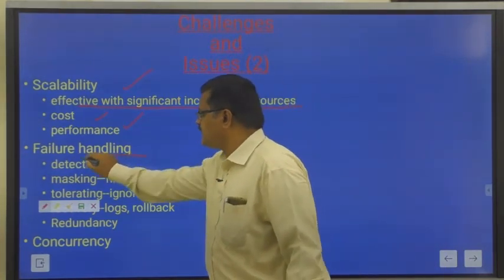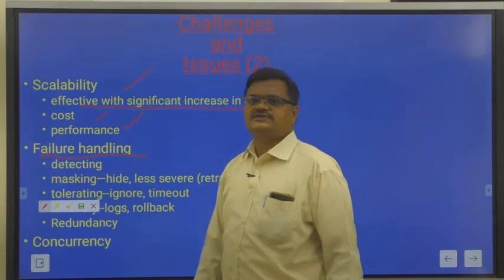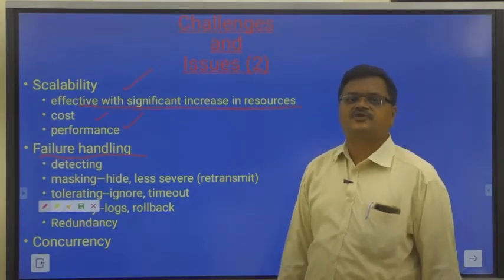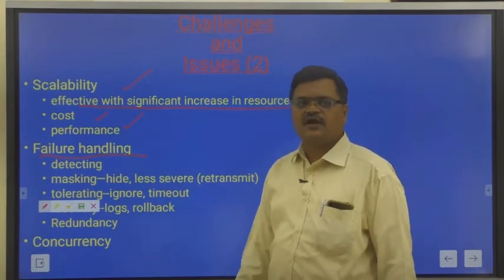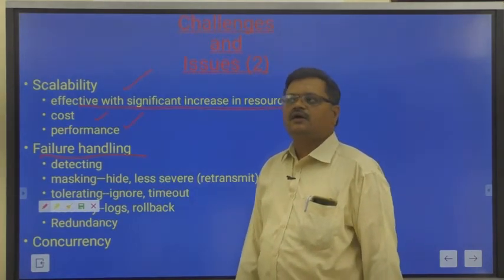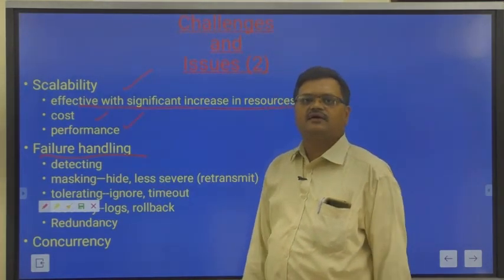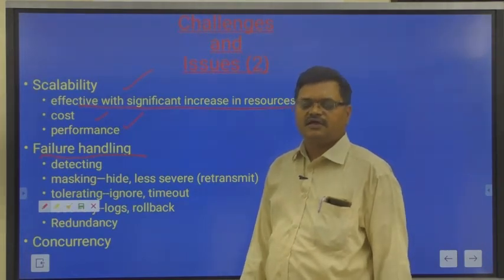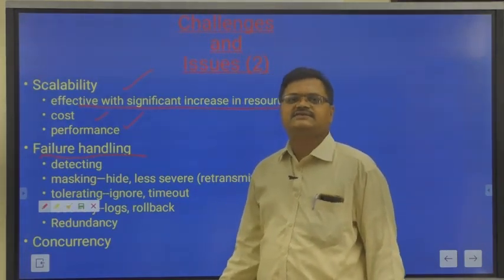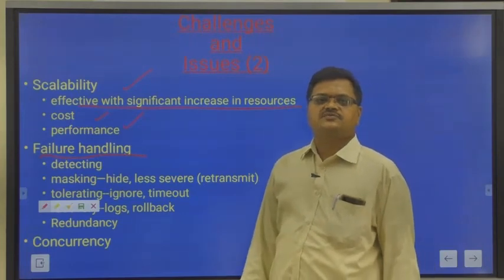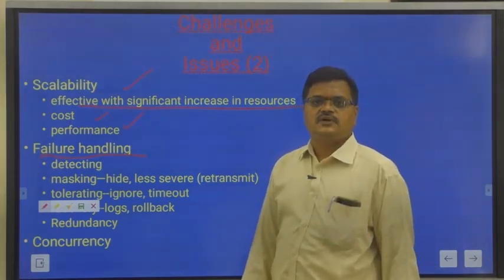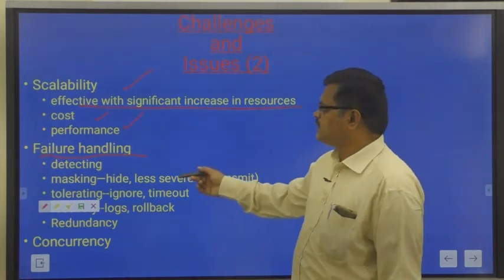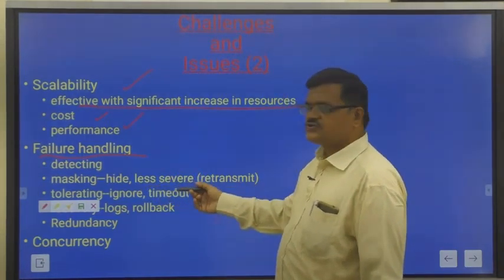And failure handling. When a system fails, what happens? What are the different types of failures in a distributed system? That comes under failure handling. For example, a system may crash. A message may not reach the destination, so retransmission is what we normally do. Or there is no response from the server.